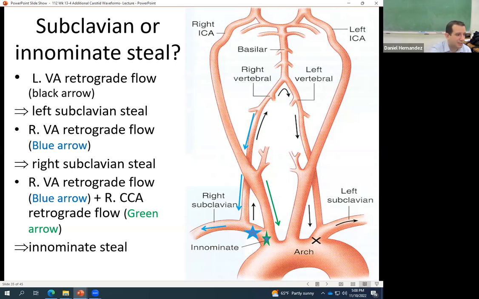So the stenotic lesion has to be in that proximal subclavian. On the right side, if we see right vertebral steal only, then that would be the right subclavian that's affected. If we see any sort of flow disruption in our right CCA, then it's an innominate steal or innominate artery occlusion.